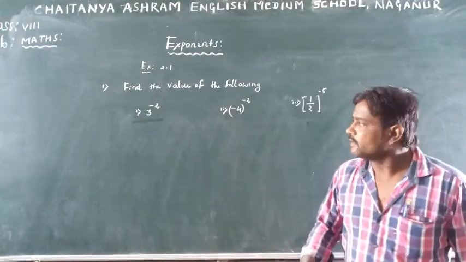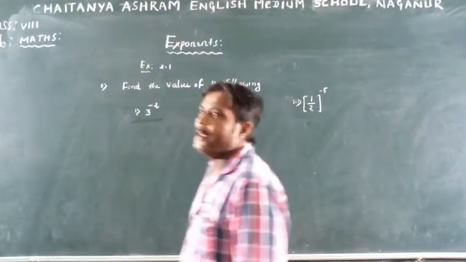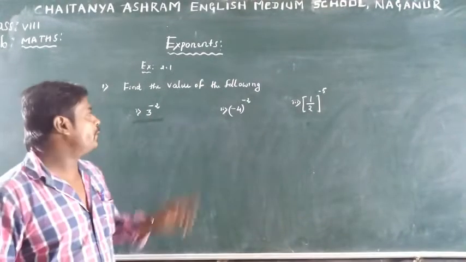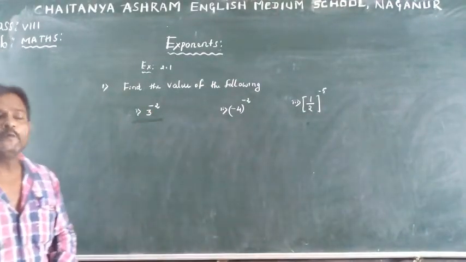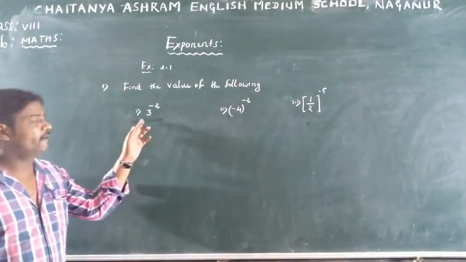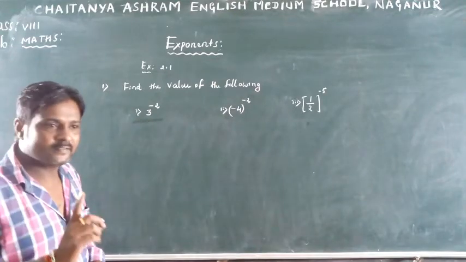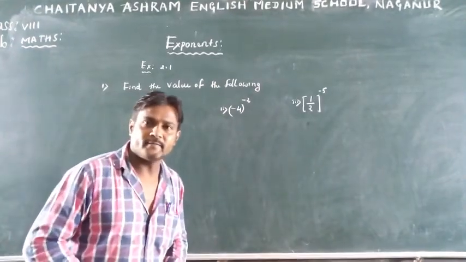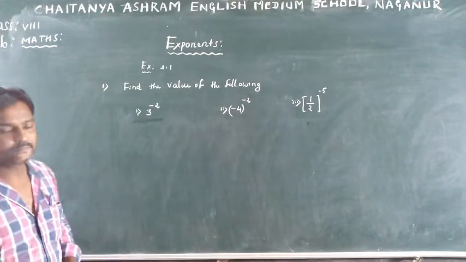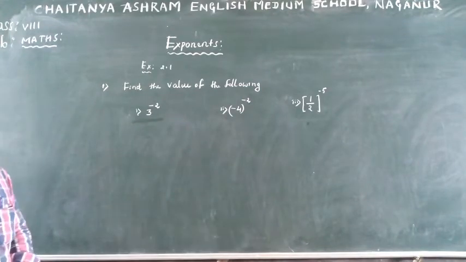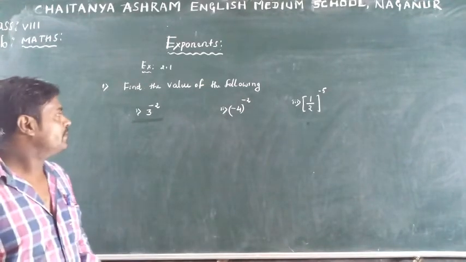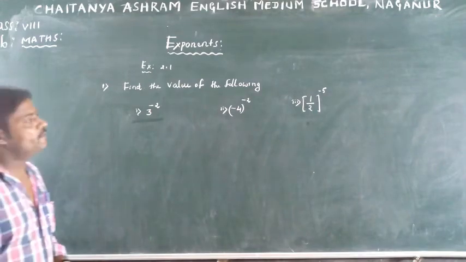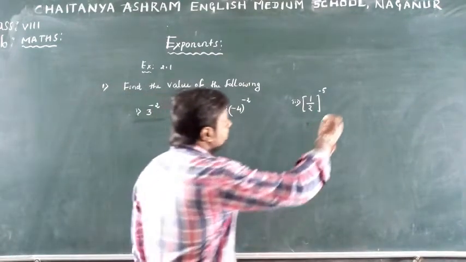Recall that. So if an exponent has a negative power, to find its value, first we should convert that negative exponent into a positive exponent. That we learnt by the property.